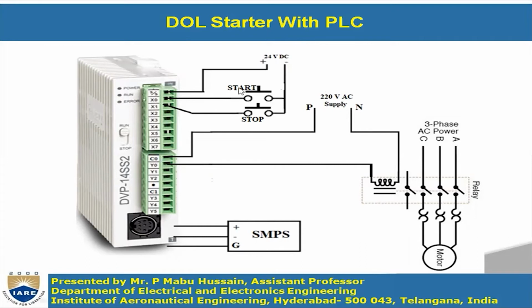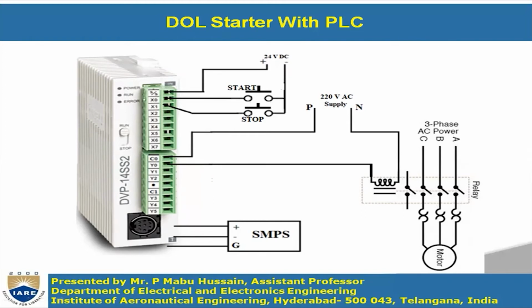Whenever you press the start button, this coil has to get the 220 volt supply, so that the poles will be closed. Only three poles will be used from the contactor to the motor. These three poles will be closed whenever this coil gets the 220 volt supply, and the direct three phase supply will be given to the motor, and the motor will run.